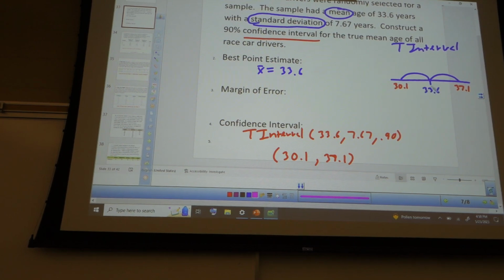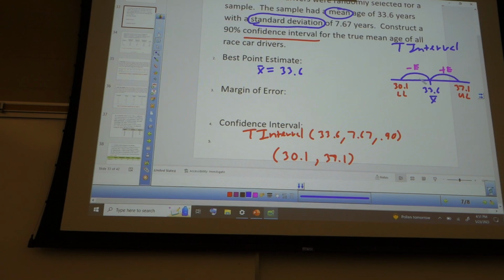Remember, I start off with my best point estimate and I subtract my error to get my lower limit, and I add my error to get to my upper limit. So if I want to figure out what my E is, I should label these my lower limit, upper limit, and my x bar.